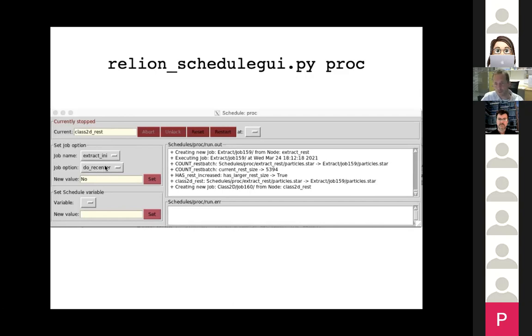This is another pull down menu, and just say if it was 0.15, but you now want 0.1, you just set it here. And then if you do restart, all the jobs that depend on this job with the changed parameters will all be rerun automatically into new jobs in your pipeliner.